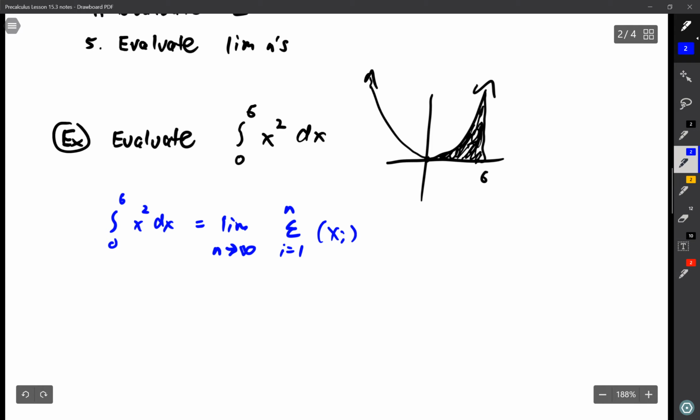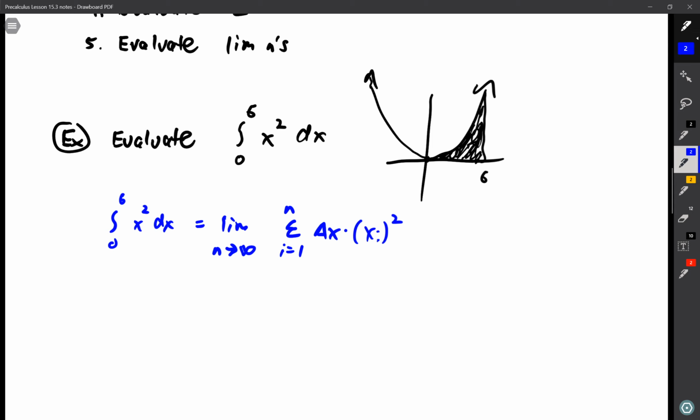Oops, I put the width first. I think that makes a little bit more sense. Instead of f of x sub i, I'm just going to go ahead and plug it into my function. So what is this? An x sub i squared.